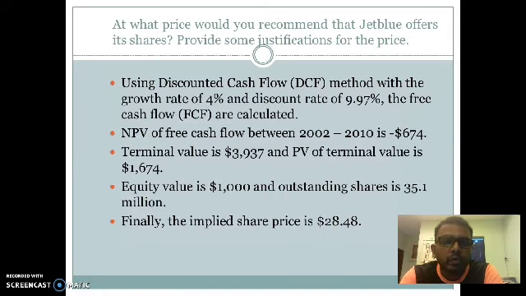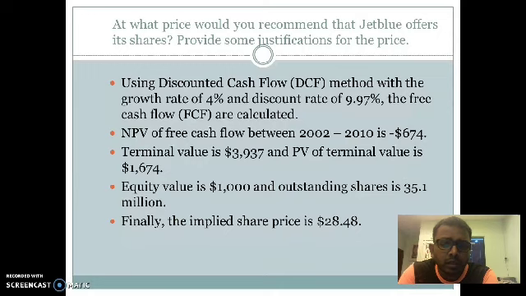At what price will you recommend that JetBlue offers its shares? We need to provide some justification. We are using the discounted cash flow method to calculate the share price for JetBlue Airlines, with the growth rate fixed at 4%, and the discount rate of 9.97%, as calculated earlier for WACC.